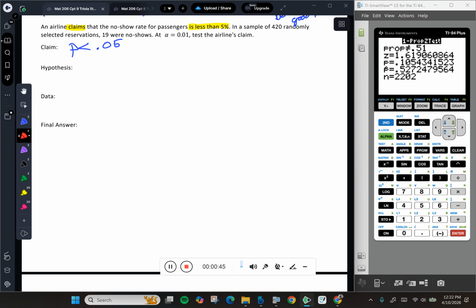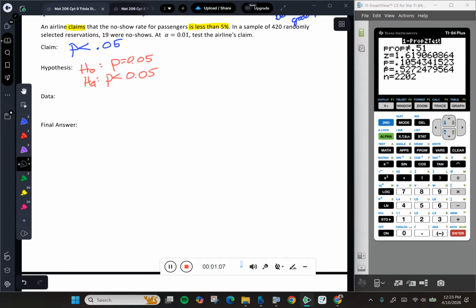Because the claim doesn't have anything about equal in it, the claim is going to be the alternate hypothesis, that P is less than 0.05, and our null will be that P is equal to 0.05.